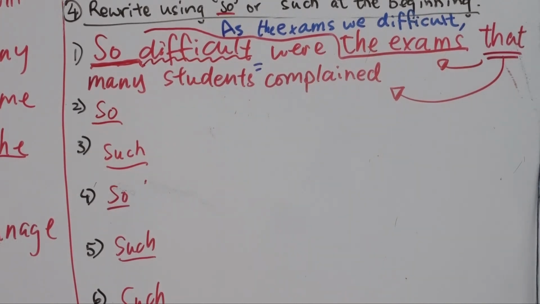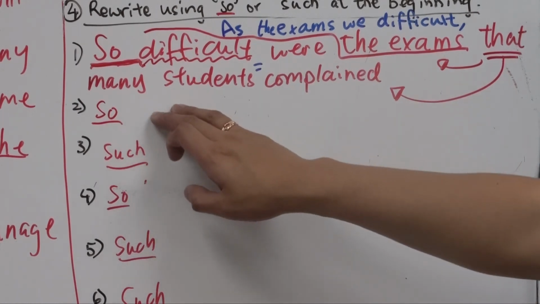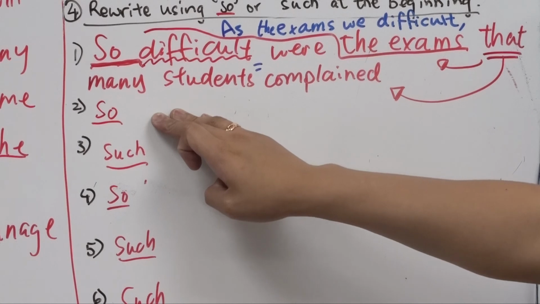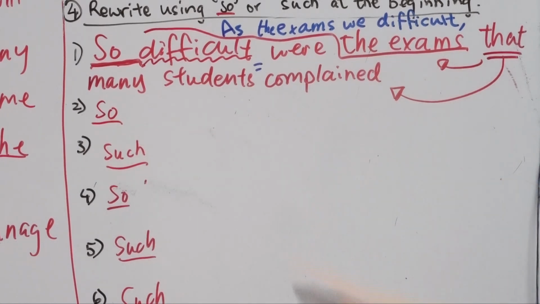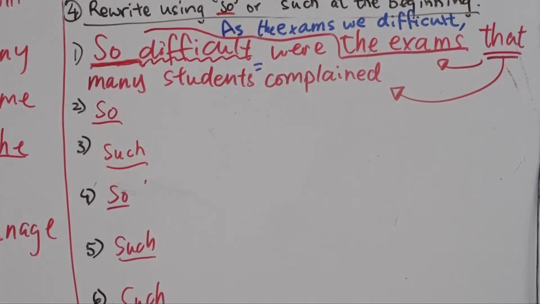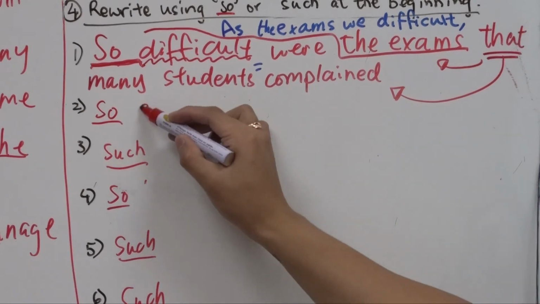So how should we change this? Again, we're starting with so. Look for the adjective that we can find, because we know that so pairs with adjective. They take the adjective from the first sentence and then pair it together. So which is the adjective here? His dream was so strange that his psychiatrist wrote about it in the medical journal. Strange. So it should be so strange.